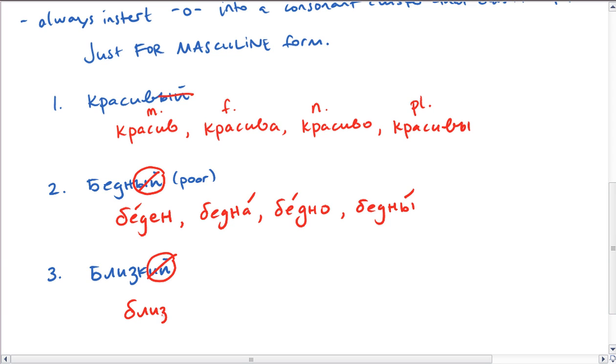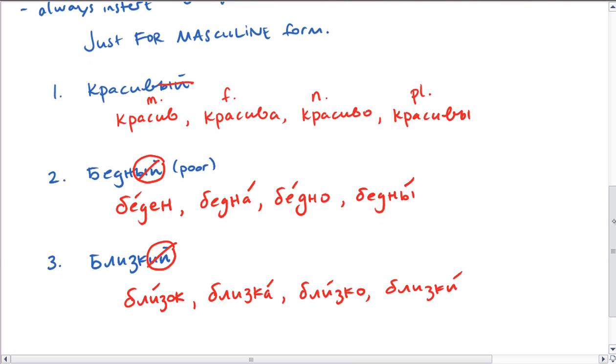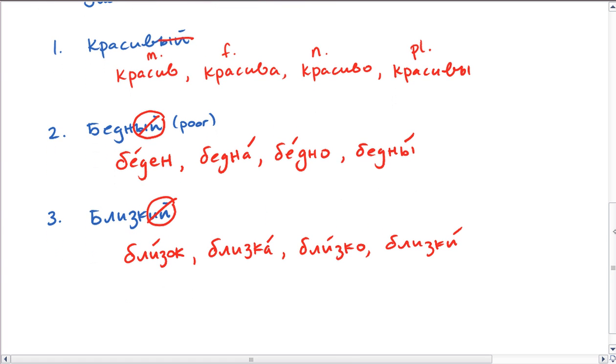And we'll get близок, близка, близко, близки. So it's pretty straightforward. You just have to remember that consonant cluster, and that's only going to affect the masculine form. So that's how we make a short form adjective from a long form adjective.